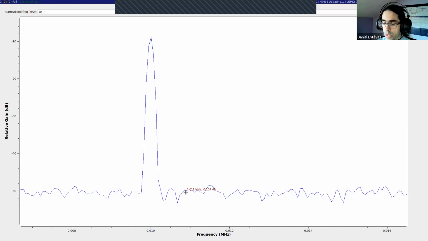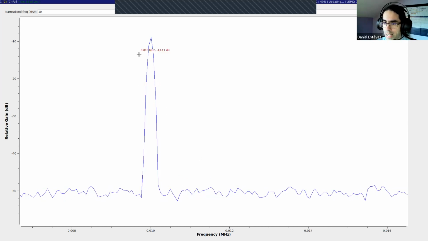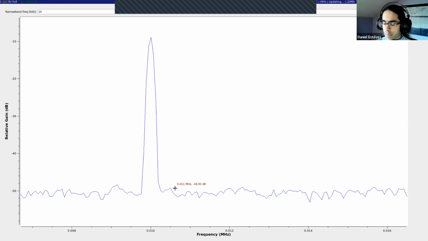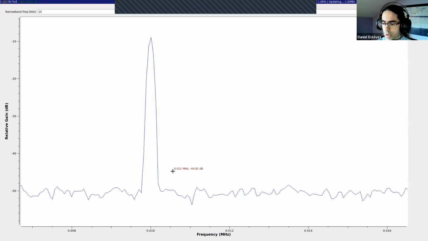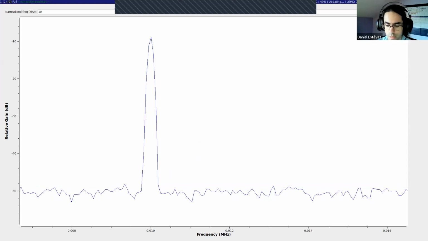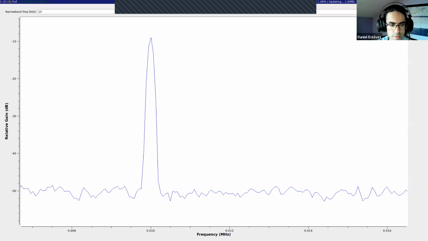And when working with dBs, what we can do is add 10 times the logarithm base 10 of 61. So let me compute that.